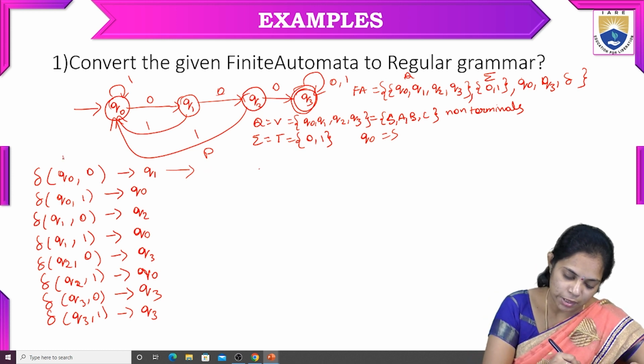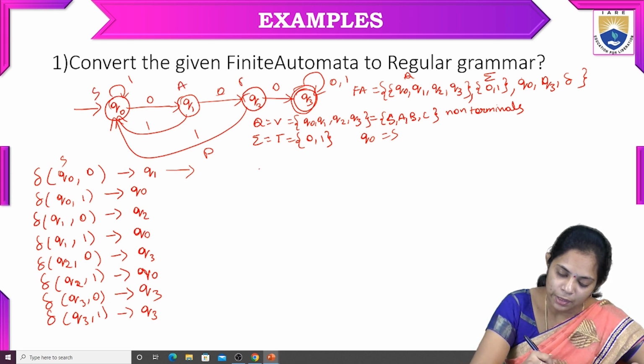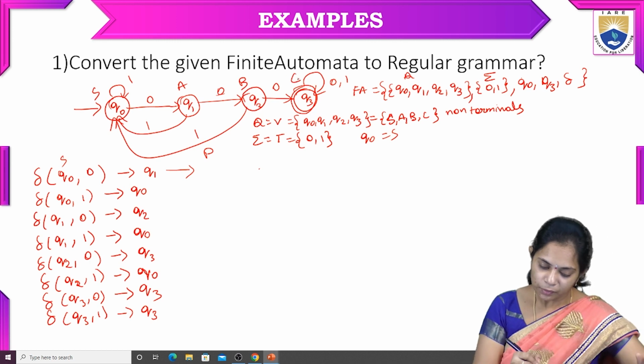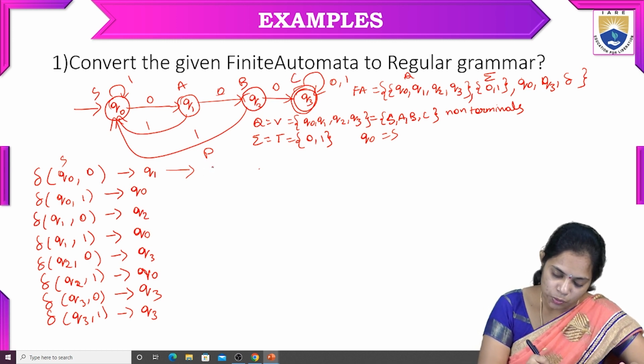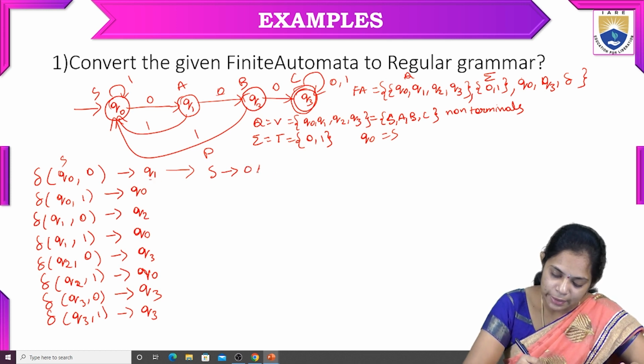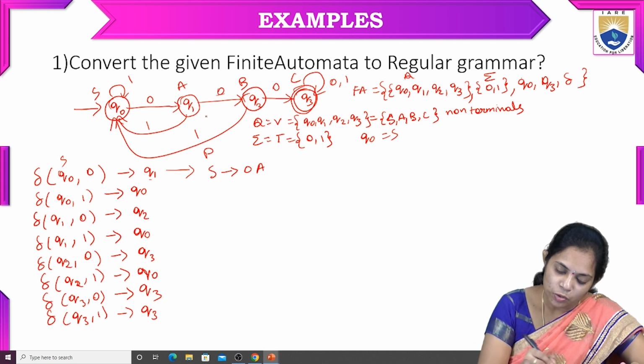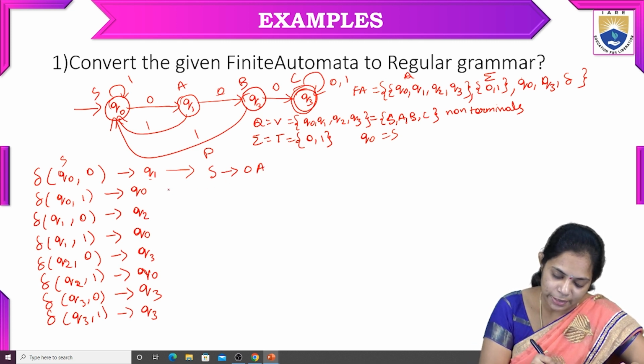So let us write S, A, B and C. S tends to 0A, because with 0 as an input it is reaching the state A, and A is not a final state, so we will write it as it is. And S tends to 1S, because with 1 as an input it is reaching the initial state S only.